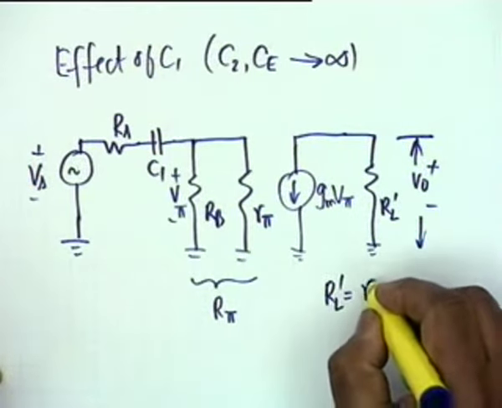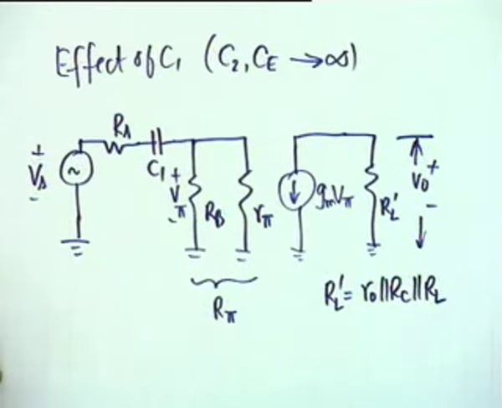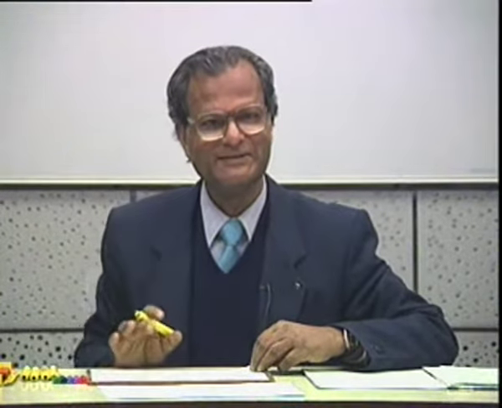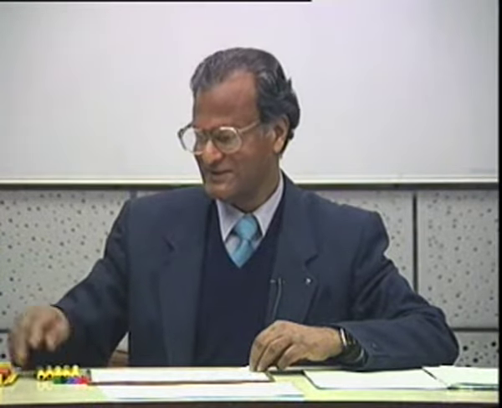RL prime equals R0 parallel RC parallel RL. Once again, an engineering approximation, because it is possible to include R0 without much complication, we are including it. If it is not convenient, then you will say R0 is very large. You understand? Okay. Life is approximation and electronic circuits is no exception.